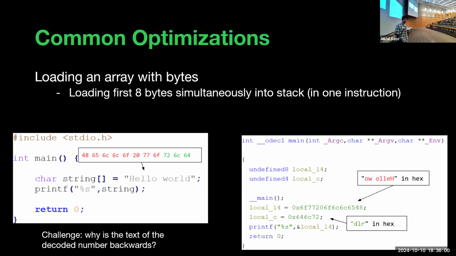Ghidra thinks this is 2 variables on the stack, one 8 bytes, one 4 bytes, and then there's a bunch of stuff being loaded into these variables. The optimization that's happening here is that the compiler decided it's going to be faster to load 8 bytes all at once, and then the next 4 bytes. So those 2 stacked variables that you see are really the same variable, but Ghidra cannot tell the difference.